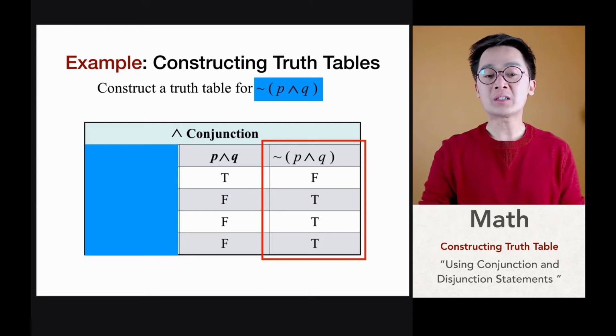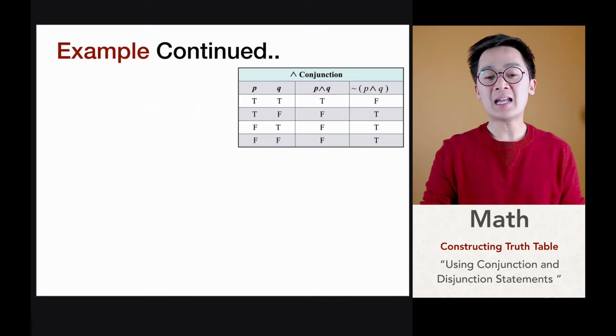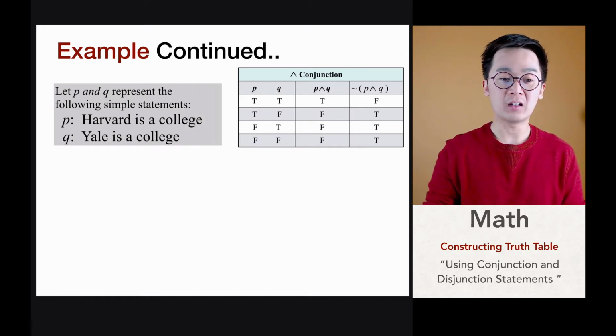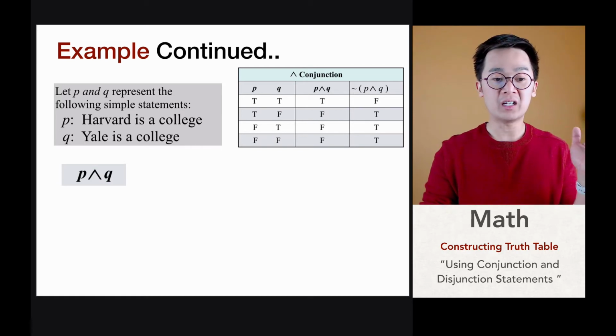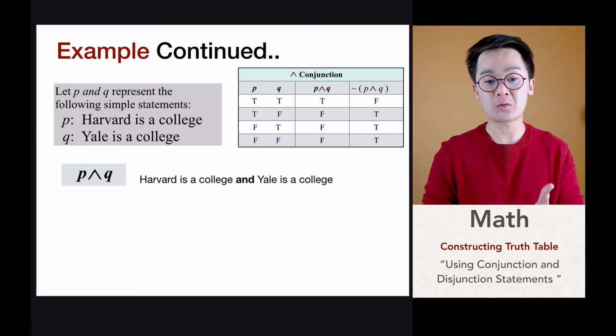Now, if we're going to make sense of this particular statement, let's say that we have an actual statement for P and Q. P is that Harvard is a college and Q is Yale is a college. If we translate our symbolic form into an English form using the given statement, P and Q is simply Harvard is a college and Yale is a college, which is a true statement.